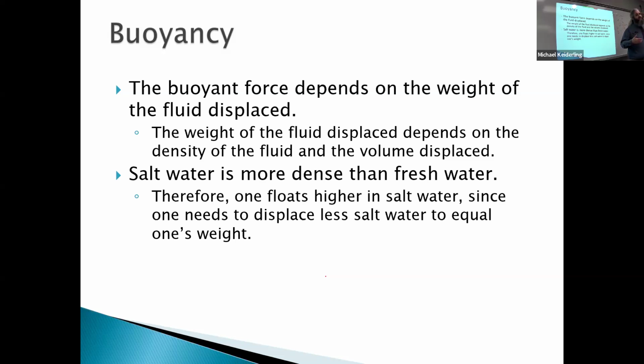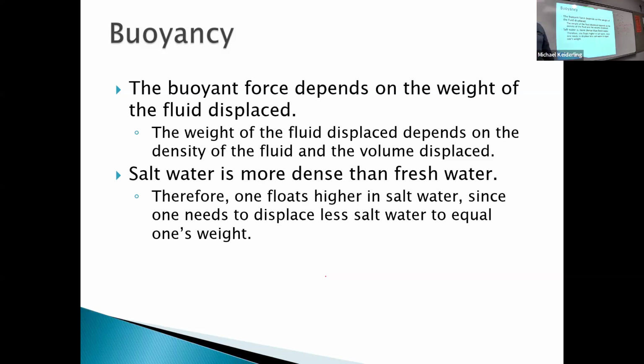If your density is half that of the fluid you're in, half of you will stick out of the water when you float. If you're 75% of the density of the fluid, 75% of you will be in the water. So the denser you are, the deeper you'll float.